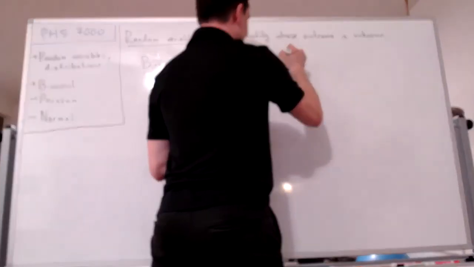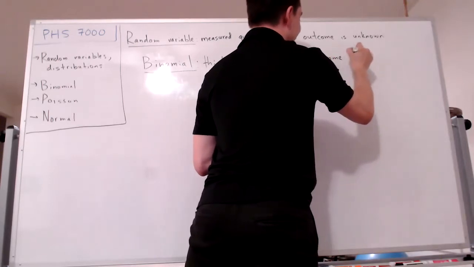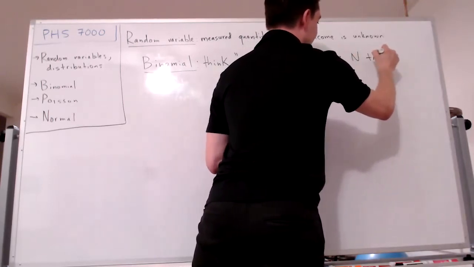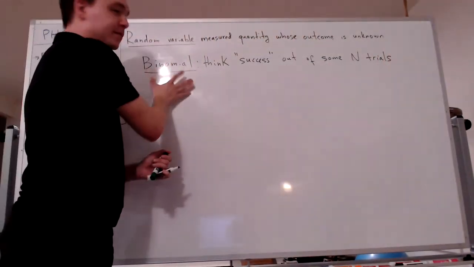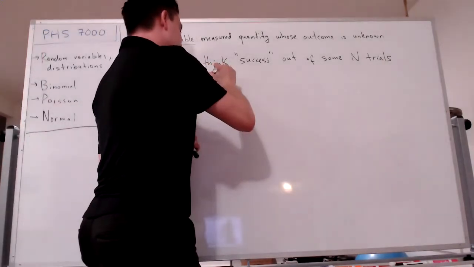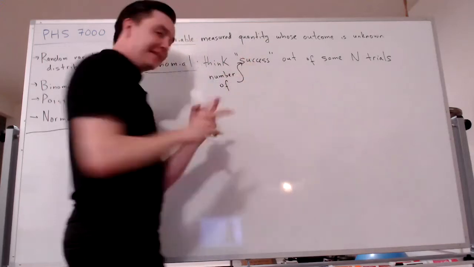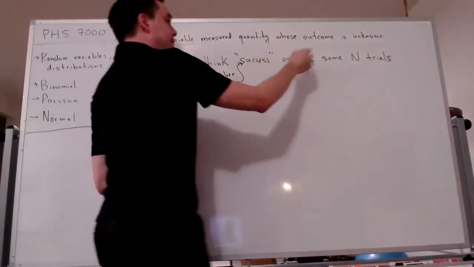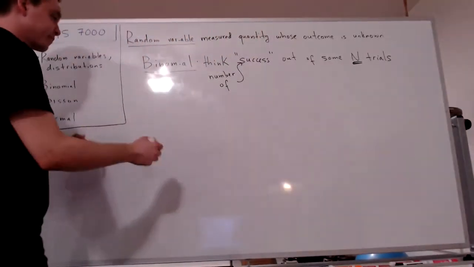Think successes out of some n trials. This is a distribution to model the count of successes out of some n number of trials.